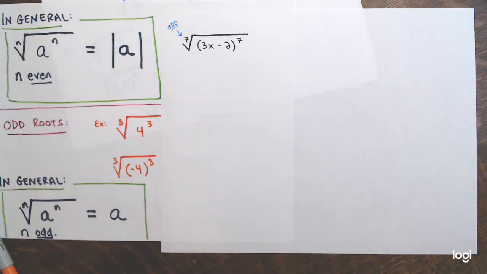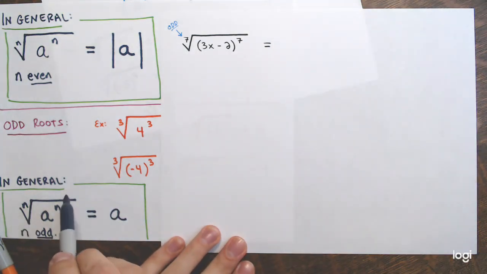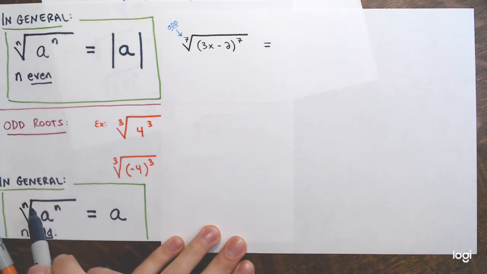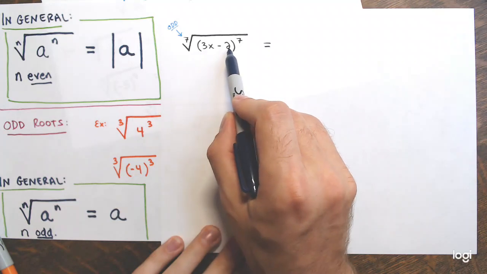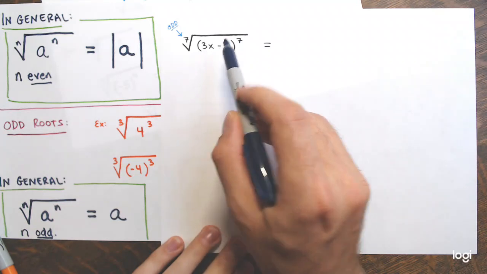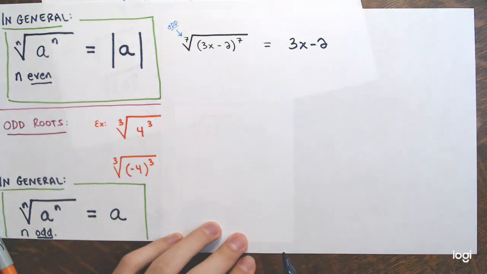When you have an odd root, you don't have to worry about whether things are positive or non-negative. When you take an odd root of some number to that same odd power, you can think of the root and power as undoing one another, and you're left with just the base itself. So the seventh root of 3x minus 2 to the seventh power is just going to be equal to 3x minus 2. And that's it. I'm done.